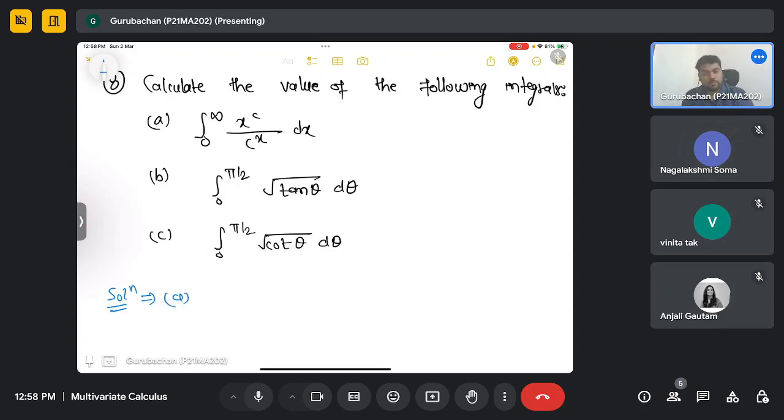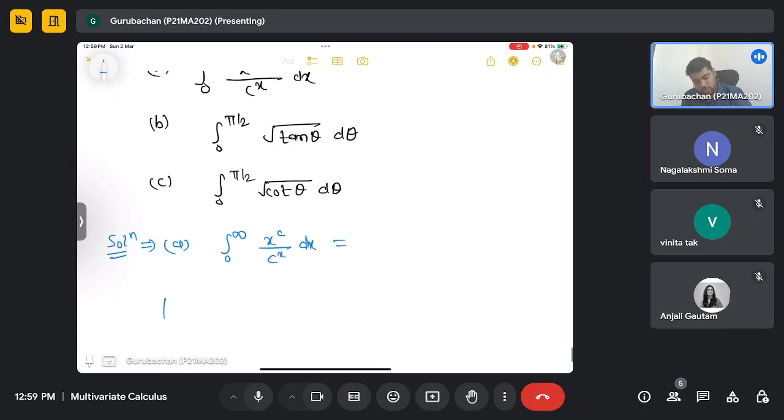So for that, we can rewrite it as dx. And first of all, let me recall gamma of m is nothing but 0 to infinity x to the power m minus 1 e to the power minus x dx. Okay. So it should look like this, e to the power minus x type of form. So this is 0 to infinity. You can write it as x to the power c, and this is c to the power minus x dx.